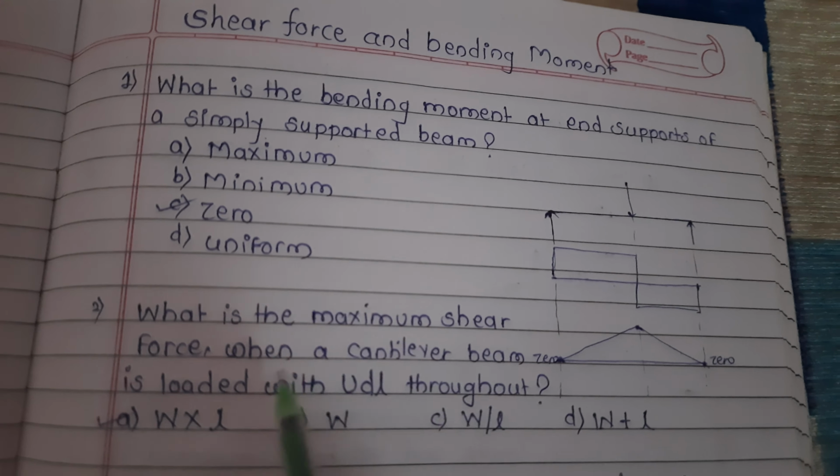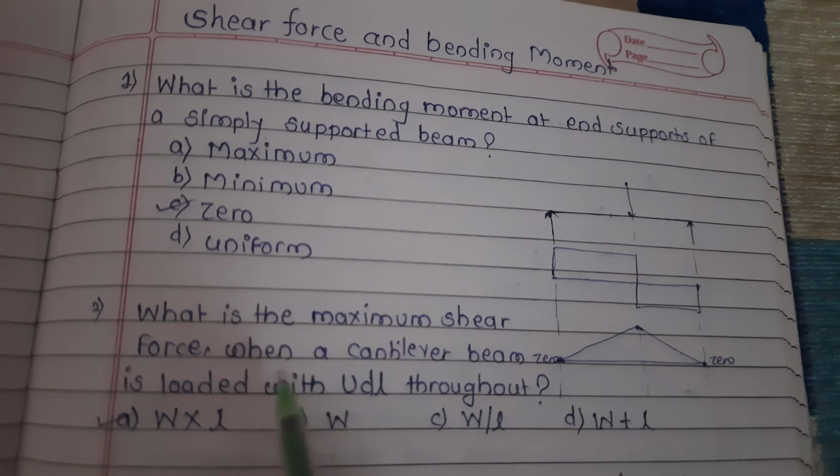What is the maximum bending moment for a simply supported beam carrying a point load W at its center? A simply supported beam carrying a point load W at its center means this will be L by 2, this will be L by 2. Now see, this is a reference line and the SFD will be this shape, whereas the bending moment diagram is this shape.